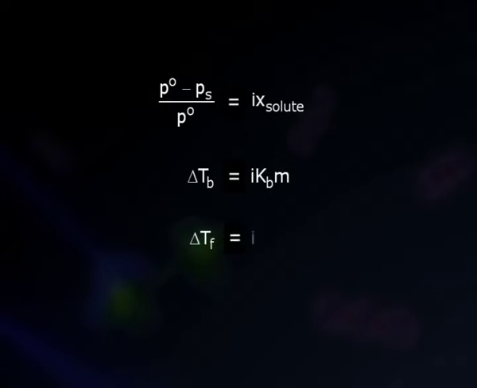Depression in freezing point will be equal to van 't Hoff factor into molar depression constant into molality of solute, and osmotic pressure of the solution will be equal to iCRT, where i is the van 't Hoff factor, C is concentration of the solution, R is gas constant, or we can say it is solution constant in case of solution, and T is the temperature in Kelvin.